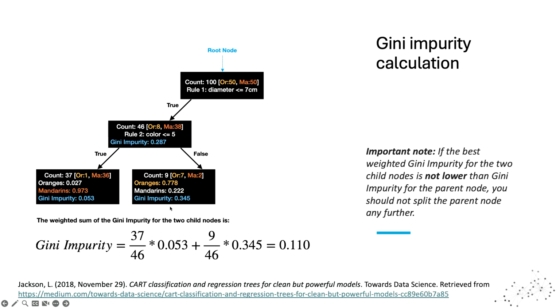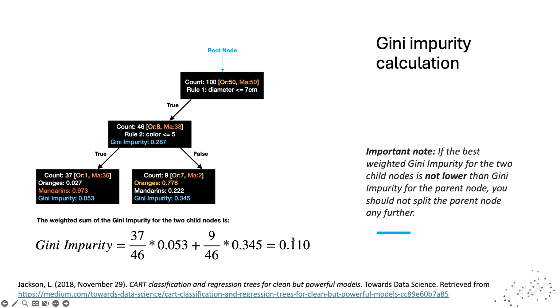Here is how we calculate Gini impurity in this concrete example. As you can see, Gini impurity for the left side node is 0.053, and for the right side, the topmost child, is 0.345.